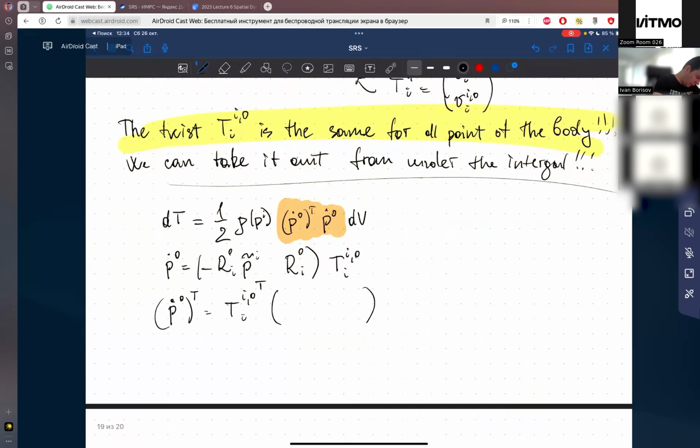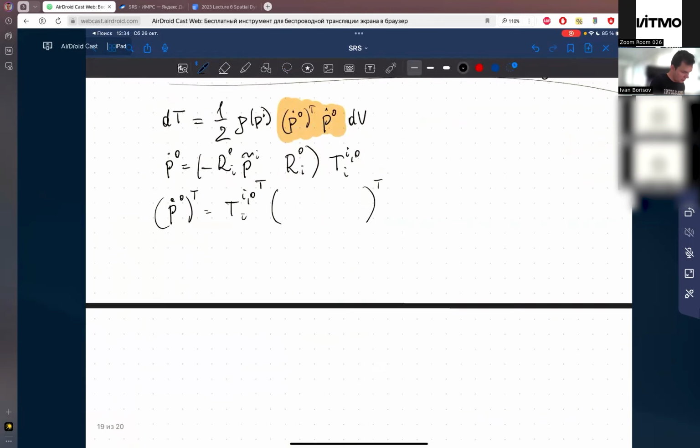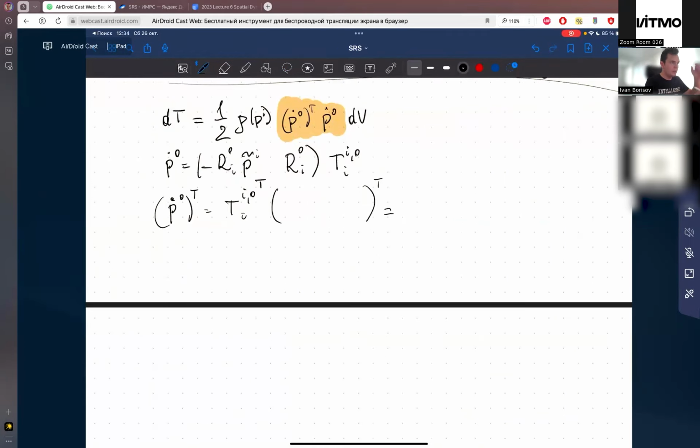Then these brackets transpose, and there's just a lot of multiplication, another multiplication, transformation. I will give you the final result that the velocity will be... Okay, so let me just write it here.